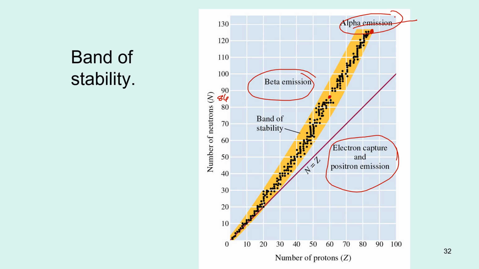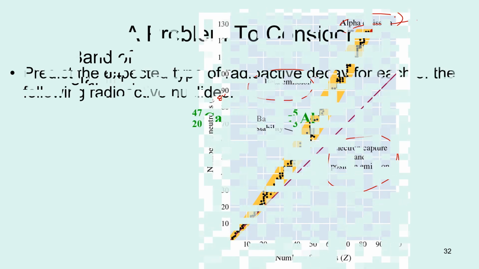If we have 86 neutrons and way fewer protons, then we need more protons, so we undergo beta emission. If we had too many protons for 86 neutrons, to the right, then we have to convert protons to neutrons. Anyway, I'll show you an example in a minute.